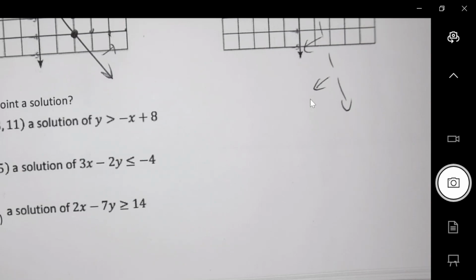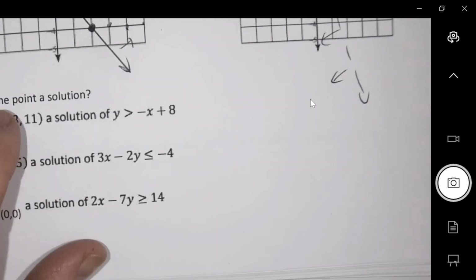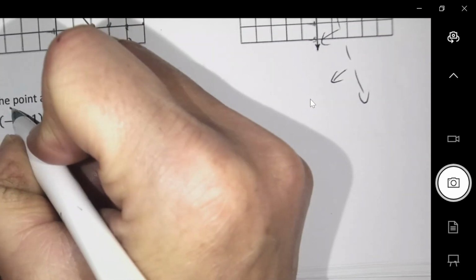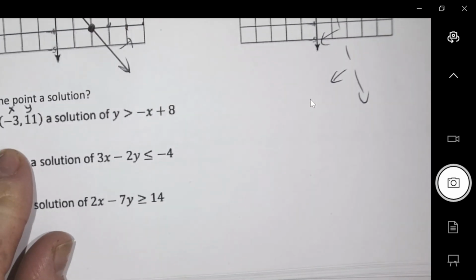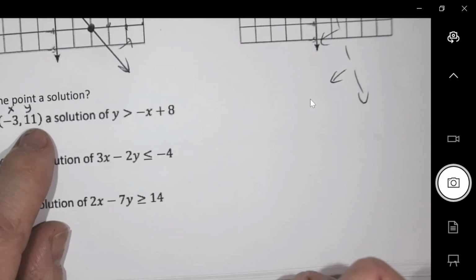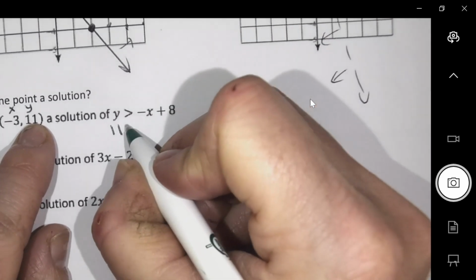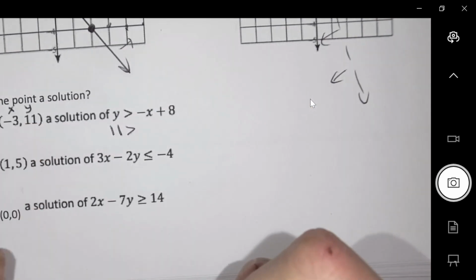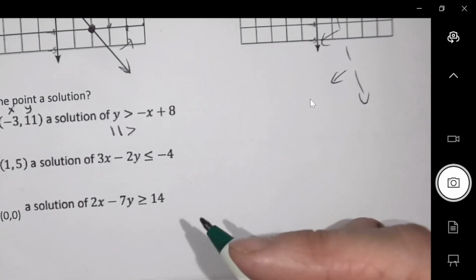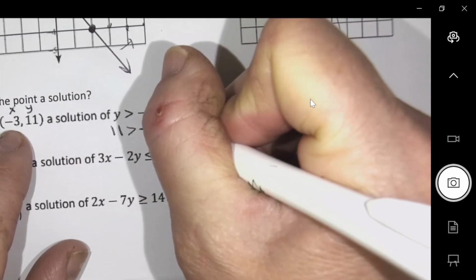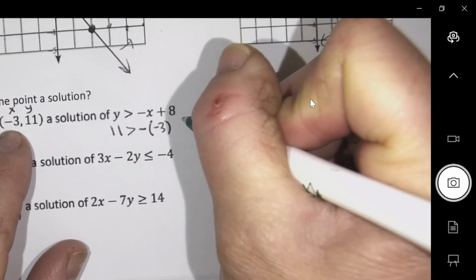Okay, is this a solution? So we're going to plug this in. So instead of, okay, this is x and this is y, right? When you do a coordinate, x, y. So 11 is going to go in for the y. Okay, this is tricky. You're going to have to think, what's the negative of negative 3?